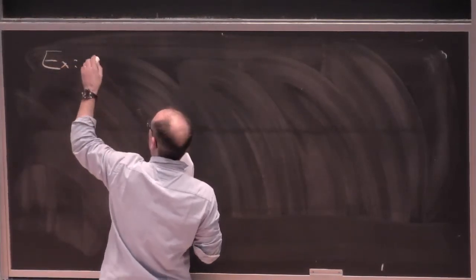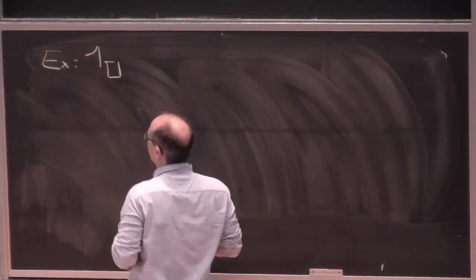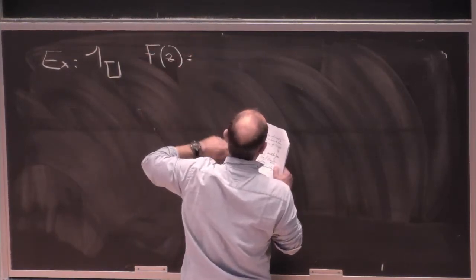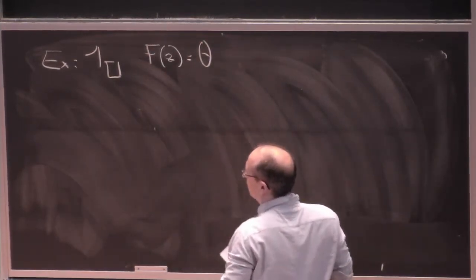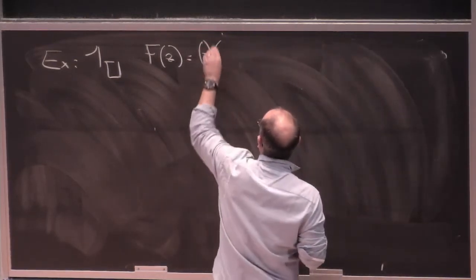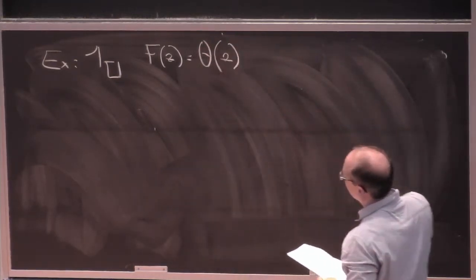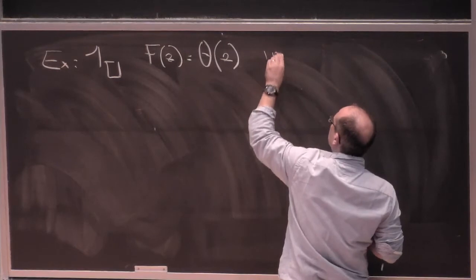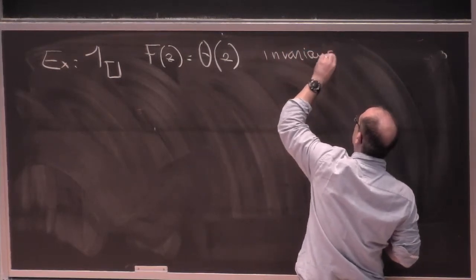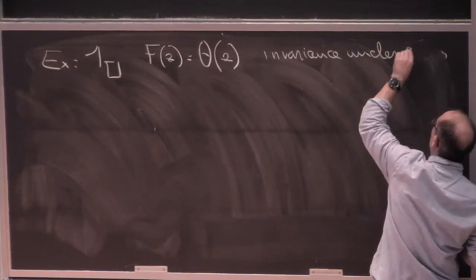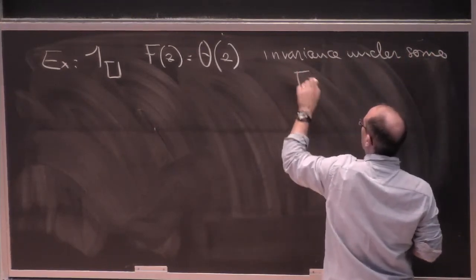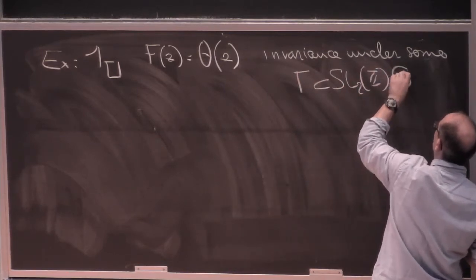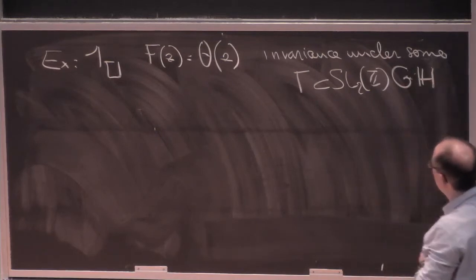For instance, if you take the characteristic function of the squares, then f of z is the Riemann theta series, and this is a modular form, so it has invariance or quasi-invariance under some finite index subgroup of SL2(Z) acting on the Poincaré upper half plane.